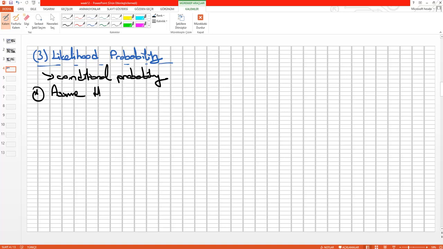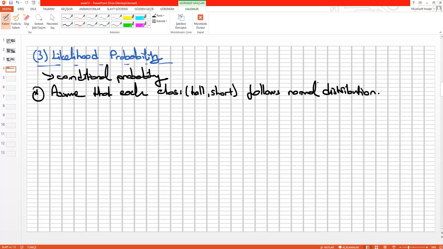Assume that each class which we defined here, for example tall and short for the height of humans, where x is the dimension of the humans, follows a normal distribution, which means that we have one mean and one standard deviation value.